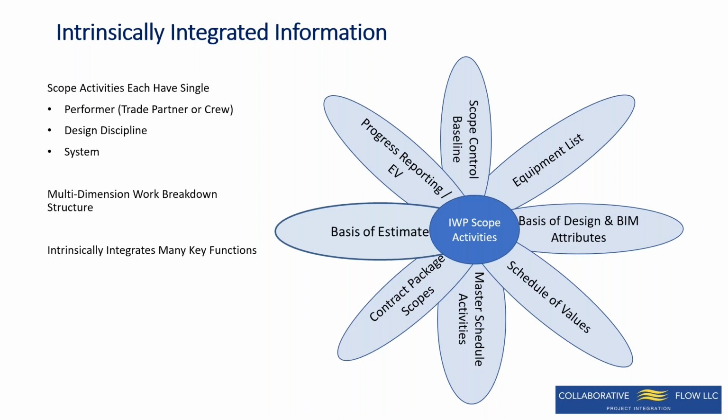A great example of this, which we kind of discovered by accident on our project, is we learned that our FSBs ended up being a great breakdown for our commissioning process. And that was very powerful because you don't have to go through that very awkward stage of managing by area and then starting up by system.